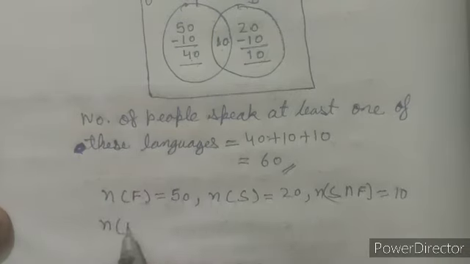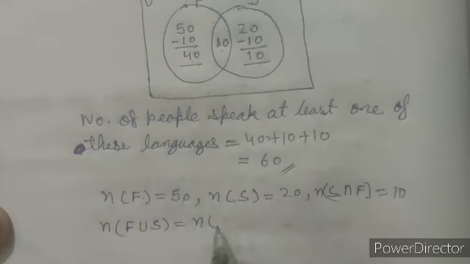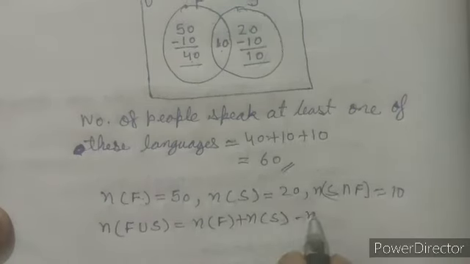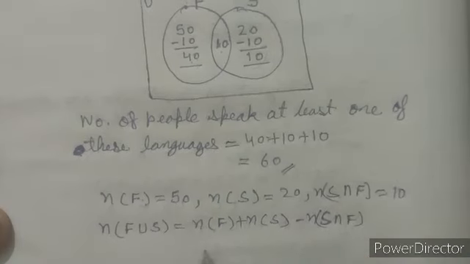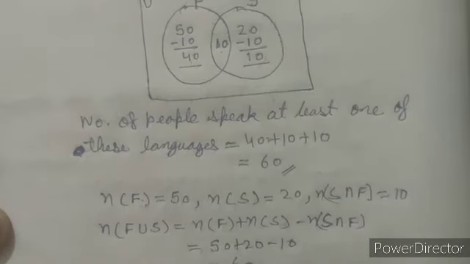That means we have to find n(F union S), and that will be n(F) plus n(S) minus n(S intersection F), and that will be 50 plus 20 minus 10 equal to 60.